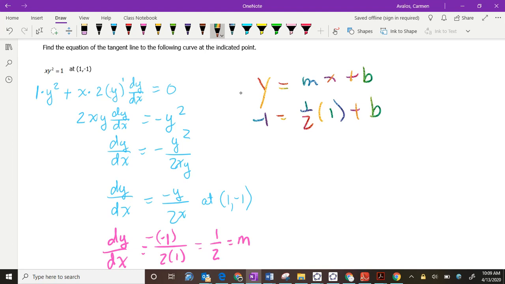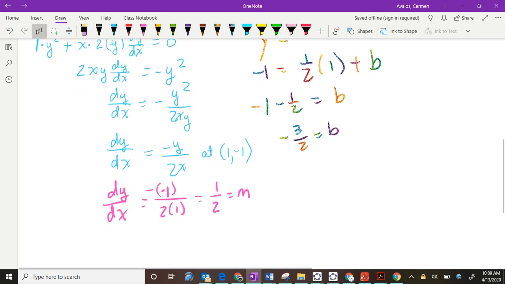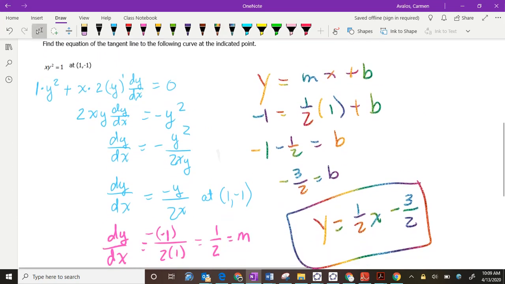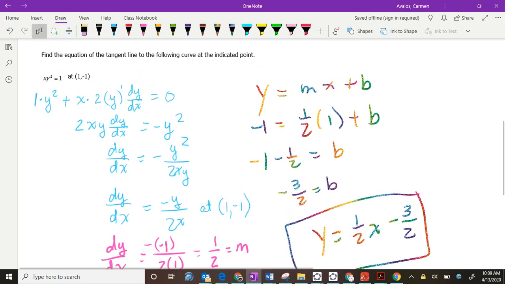So we're going to subtract this here over here. So it's negative 1 minus 1 half is equal to b. So we end up having negative 3 halves is equal to your b. And so the equation that we end up getting here is going to be y equals 1 half x minus 3 halves. And that's the equation of the tangent line at that point of this curve.